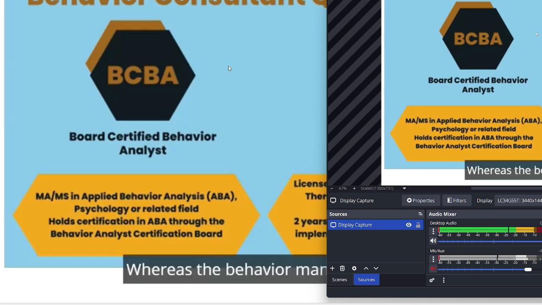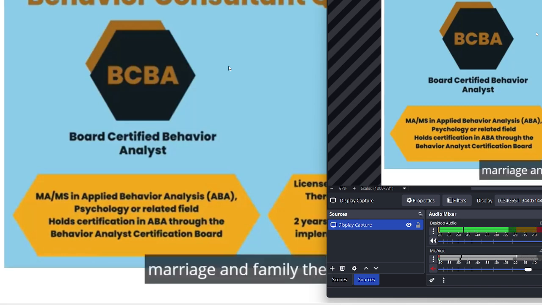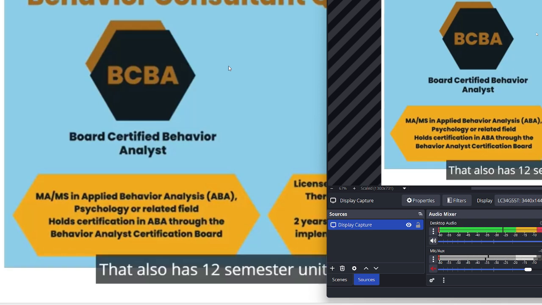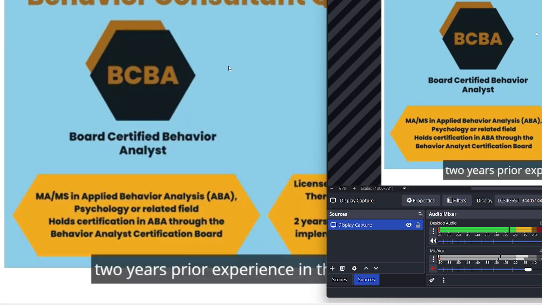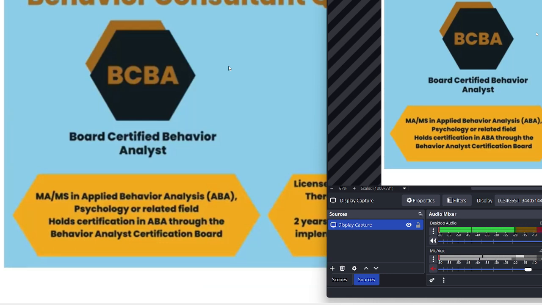Whereas the behavior management consultant may be a licensed psychologist, marriage and family therapist, clinical social worker, or like trained individual that also has 12 semester units in ABA that they have completed at a collegiate level, and 2 years prior experience in the design and implementation of behavior intervention services.